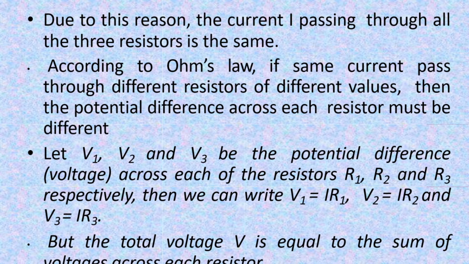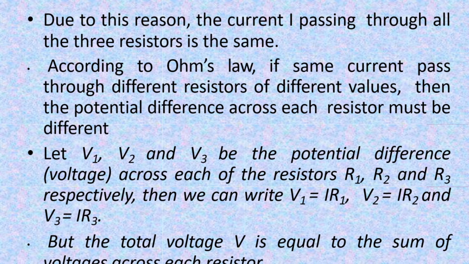And according to Ohm's law, if the same current passes through resistors of different values, then the potential difference across each resistor must be different. Let V1, V2 and V3 be the potential differences, or you can say voltages, across each of the resistors R1, R2 and R3 respectively.